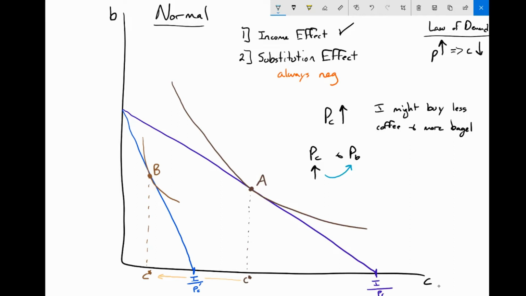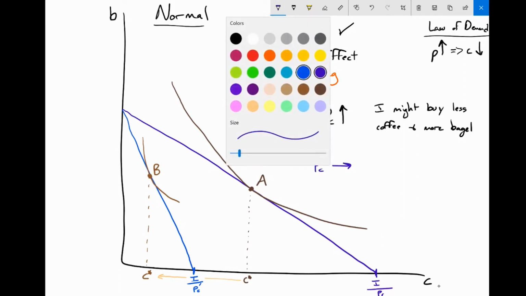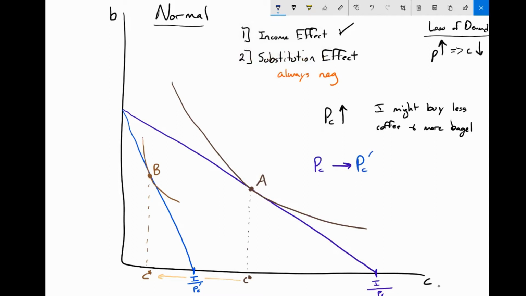Imagine a situation in which the price of coffee goes up from PC to PC prime.